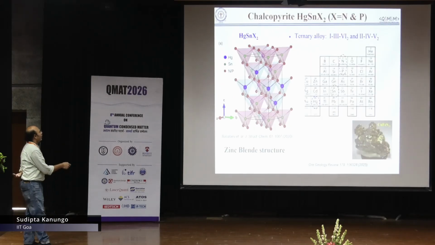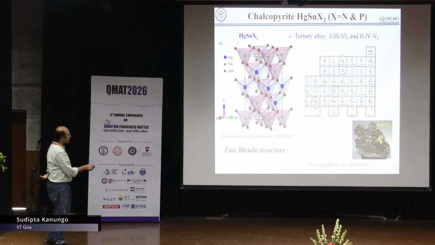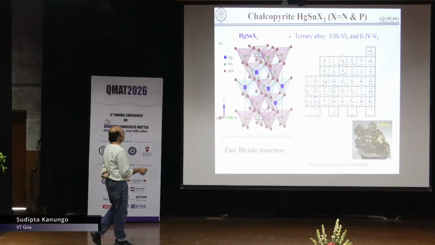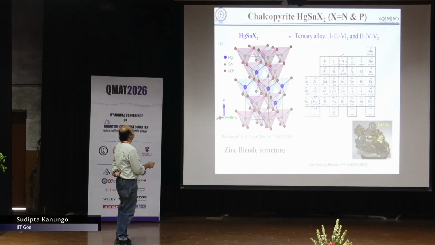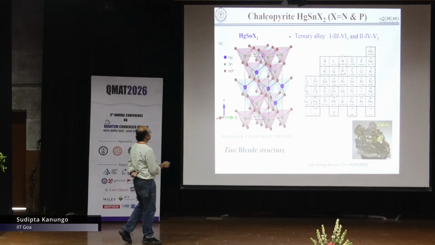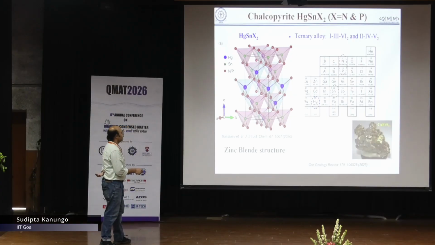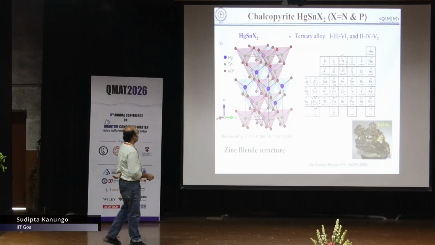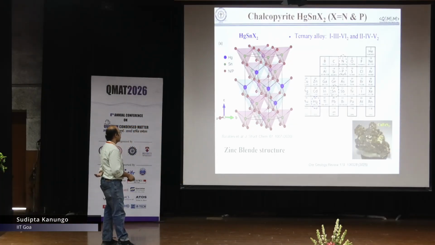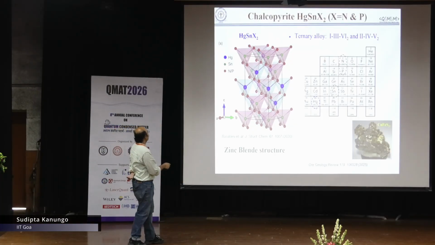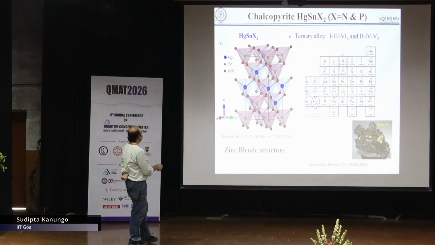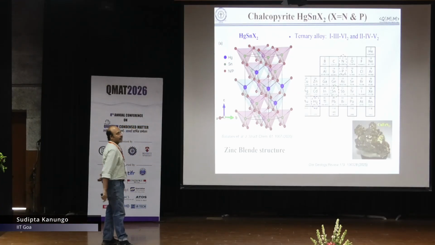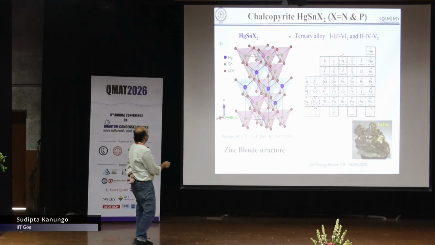So the system that I chose is a chalcopyrite system, a ternary alloy, the AgSnX2, where X is basically either nitrogen or phosphorus. For this case, we chose two different systems for a reason, and both crystallize in a zinc blende structure, where the Ag, mercury and tin are surrounded in a tetrahedral unit by the X element.